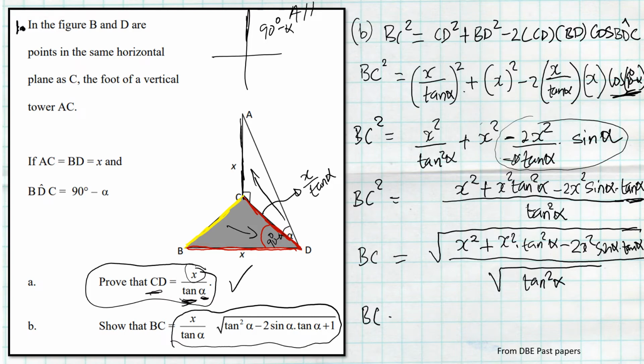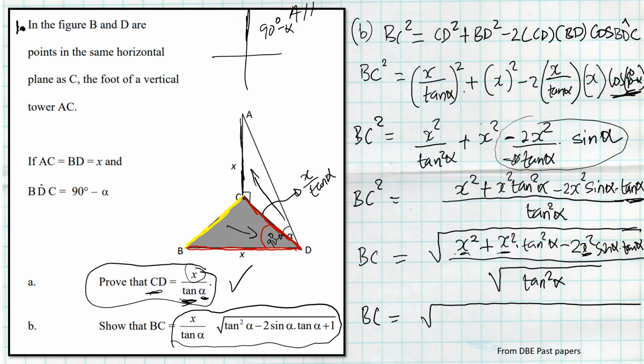Okay, so BC will be what? On the numerator, I have a common factor of x squared. Can you see? So I'll take x squared as my common factor. Let me put it a bit down.